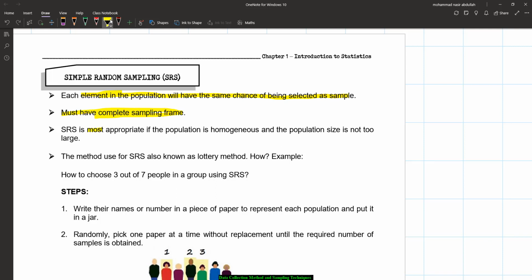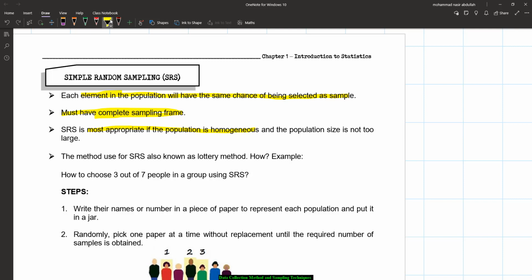It is most appropriate if the population is homogeneous, meaning that it has the same characteristics. When you want to study the population of students in UiTM Tapah, you want to select all members in the population, meaning they must be students in UiTM Tapah. You cannot include lecturers or other staff.